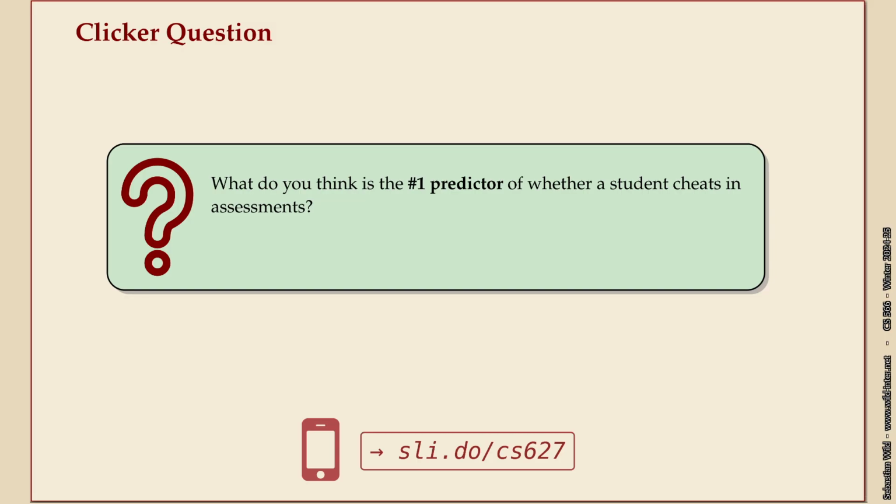Okay, I should have prepared this one. Let's do this quickly because I think this is a key question. You can think about this while I'm setting up Slido. What I'm looking for here is a criterion, self-reported by students, that had the strongest correlation with them also cheating on assessments.